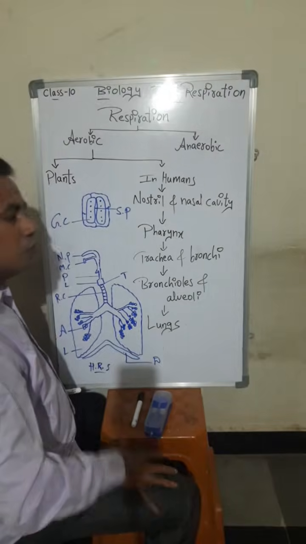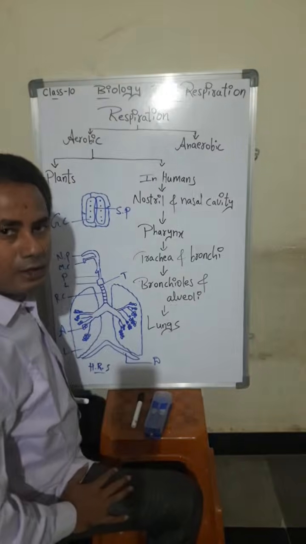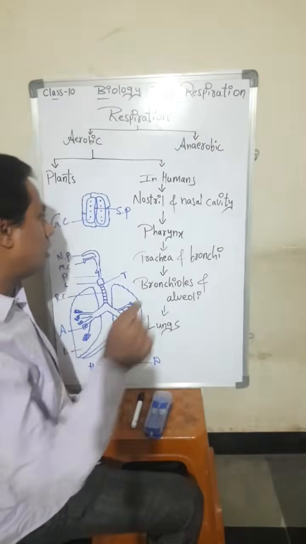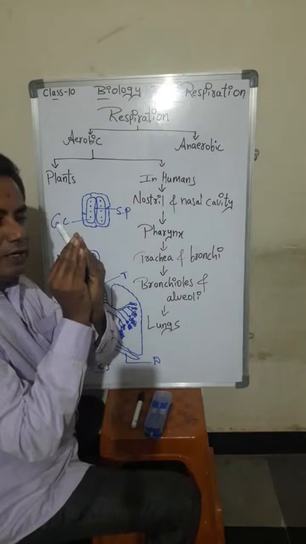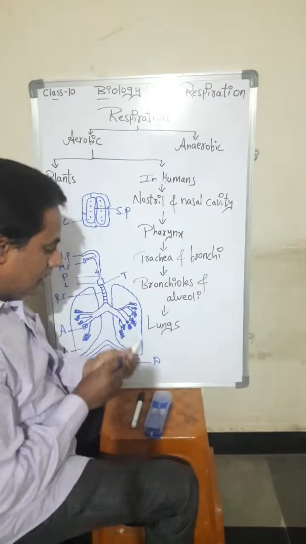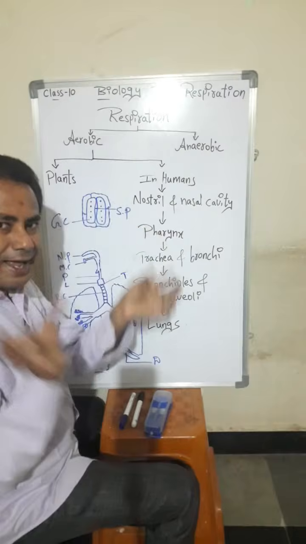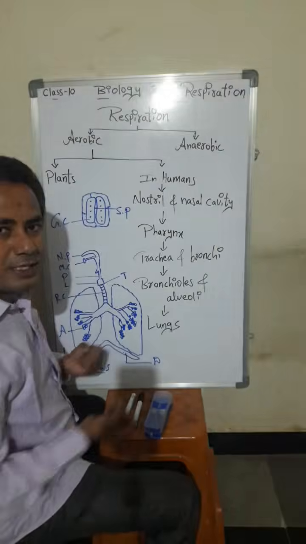This is the stomatal pore. Through the stomatal pore, the exchange of gases will take place during photosynthesis as well as respiration. When plants absorb water, that water will go to all parts, the leaves also. In the leaves, the water will go to the stomata, and these stomata will expand, students. Why are they expanding? Why are they swelling? Because of the presence of water.